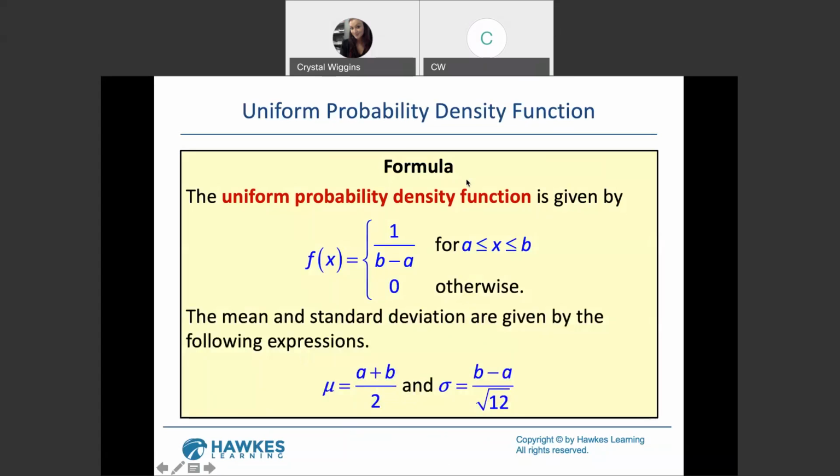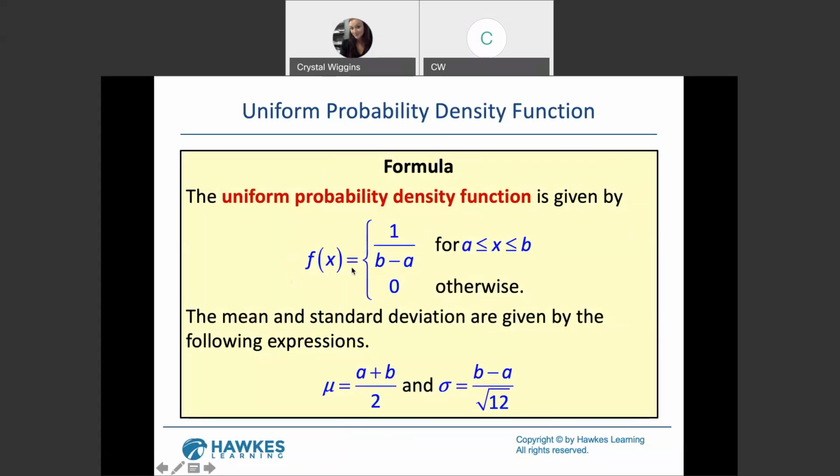So the uniform probability density function is given by the following, and the way that we would read this is that f of x is just function notation for the y value. The output, the y value, is equal to 1 over b minus a for any x values, any inputs, that exist in the interval between the starting point A and the finishing point B. If we're looking at x's outside of this interval, so before the rectangle begins or after the rectangle ends, then our height will be 0 for a uniform distribution.